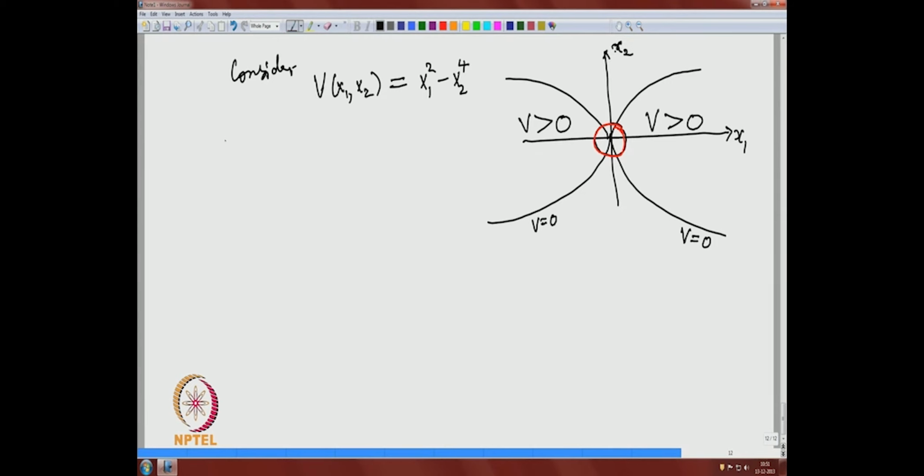Since V is continuous, the set where V is positive is open. So, if it contains a point, then it contains also a small ball around it, that you can see clearly in the picture.